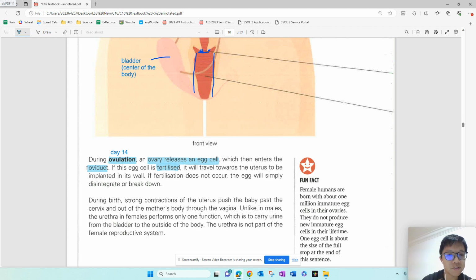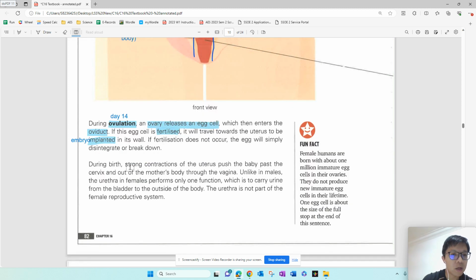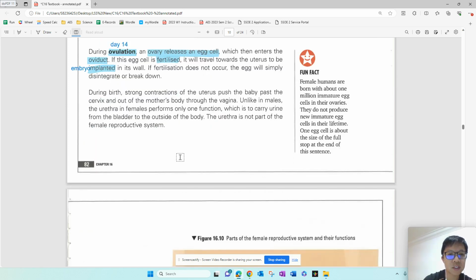If it's fertilized, the fertilized egg will travel to the uterus to be implanted, and the implanted one is the embryo. The embryo will then develop into a fetus, and during childbirth, as I mentioned, the contractions of the uterus will push the baby out of the cervix through the vagina and out of the body.